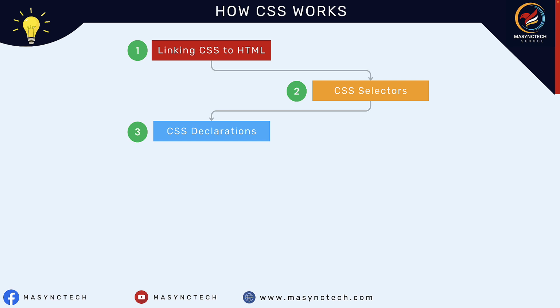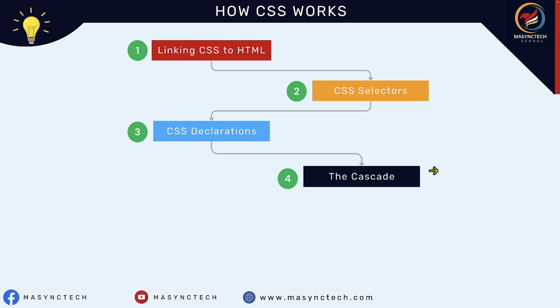Then after we have selected the element that we want to style, we come to the CSS declarations. A CSS declaration is made up of a property and a value, separated by a colon and enclosed in a declaration block with curly braces. The property specifies what style or characteristic you want to change. For example, the color, the margin, the background color, and so much more.